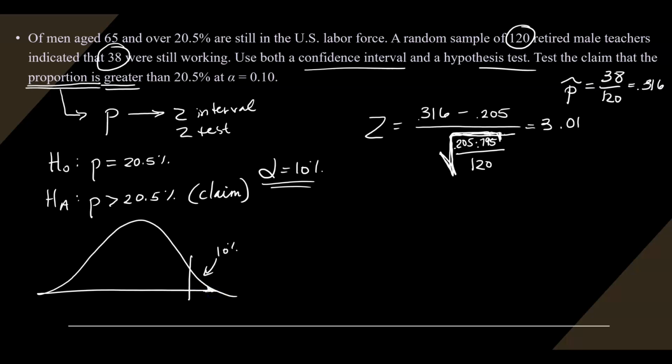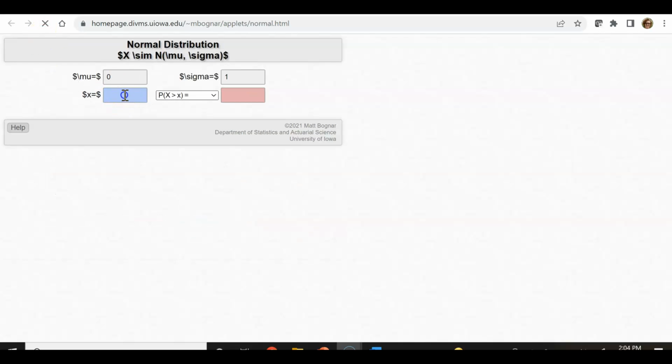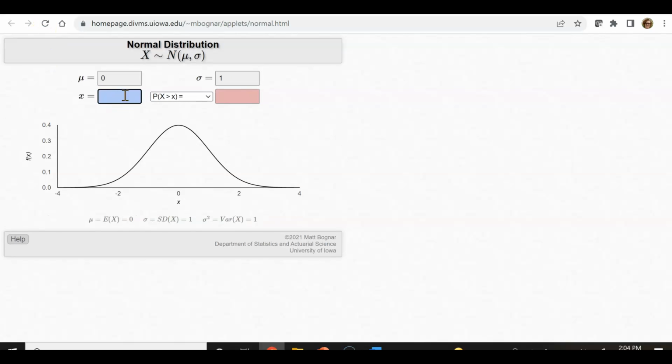Now, if you want to figure out your p-value, you can use a calculator or one of the online apps. What is the probability of Z being greater than 3.01 in that context?